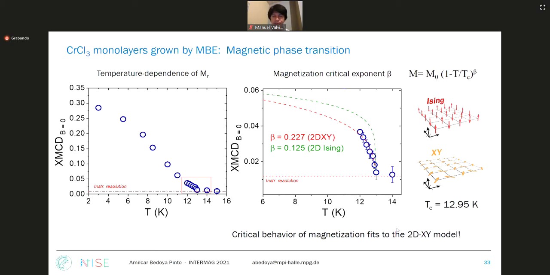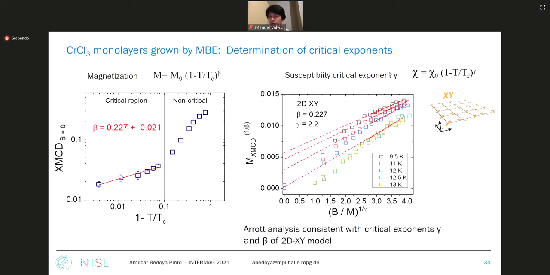A second cross-check we did, besides this critical exponent of the magnetization, is that we took also an additional order parameter, the susceptibility, and you can derive here this kind of Arrott plots, which give you at the same time susceptibility and magnetization critical exponents.